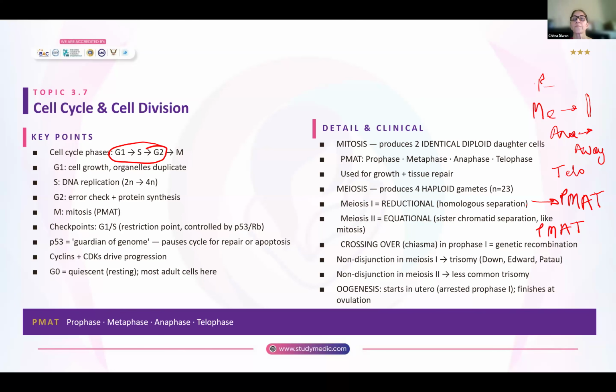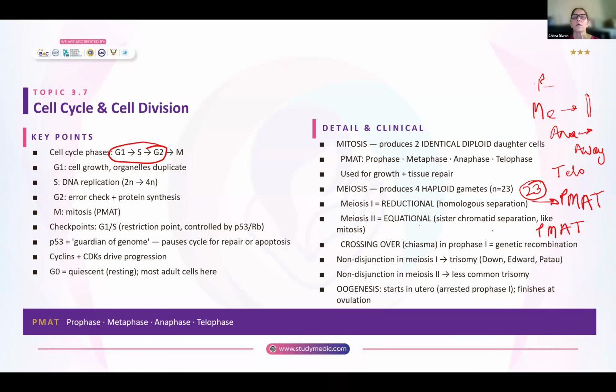So that is why the cells that are formed have 23 chromosomes after meiosis 1. That is why it is called the reductional division. Meiosis 2 again is an equational division. It is very similar to mitosis, and here, like in mitosis, there is separation of the chromatids.